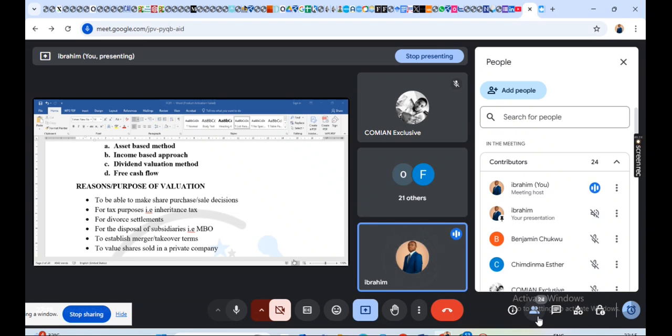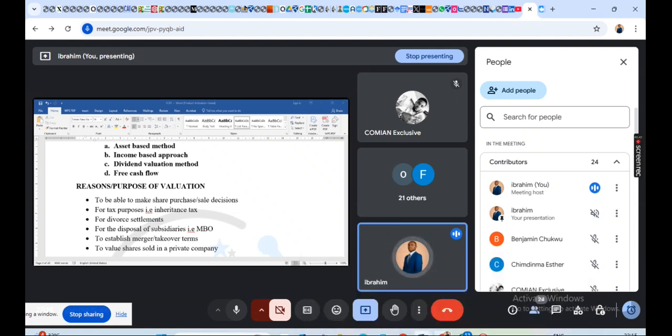You cannot check the exchange today and see the company name to know the current market price of that company. It is a private company. How will you do that? We will get there.